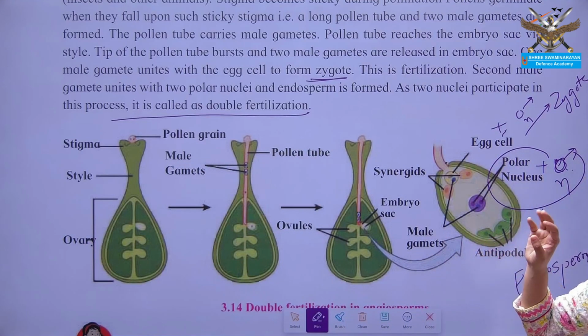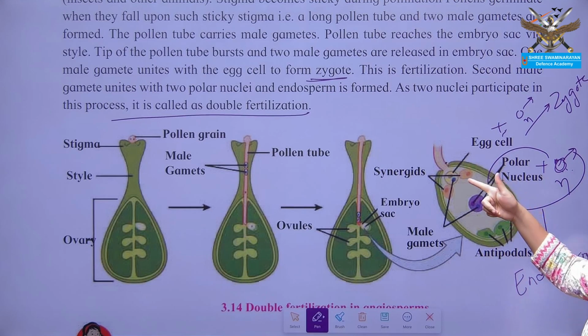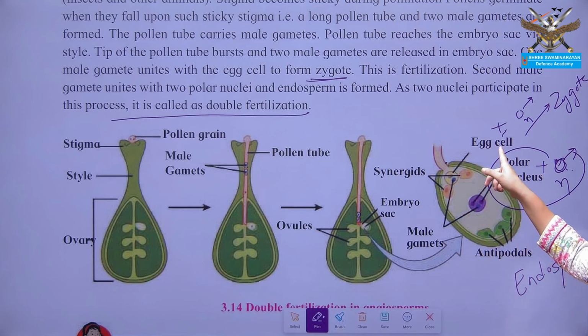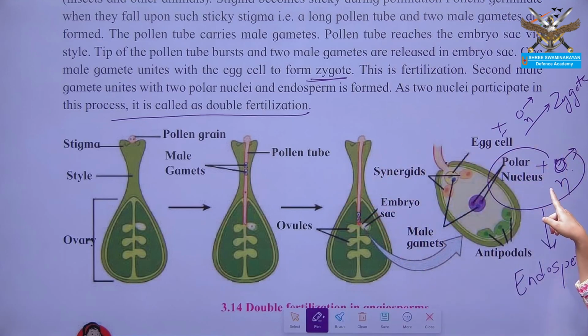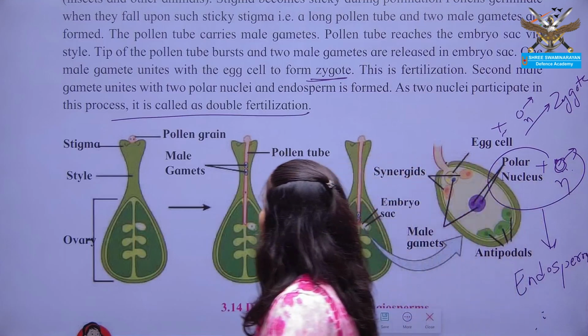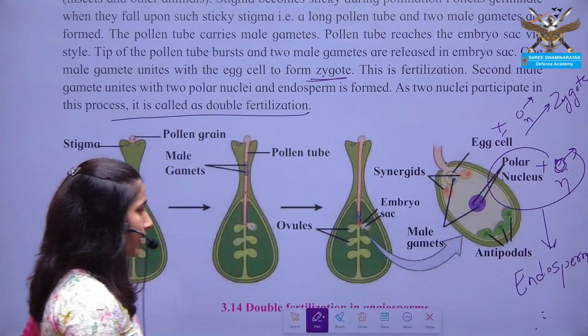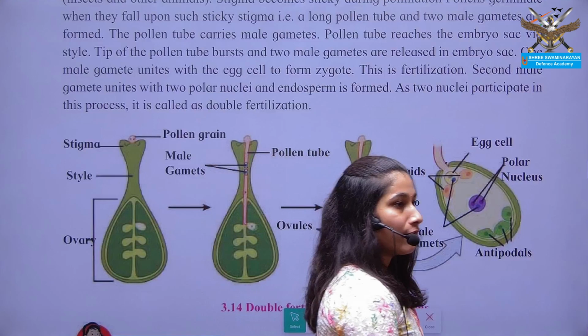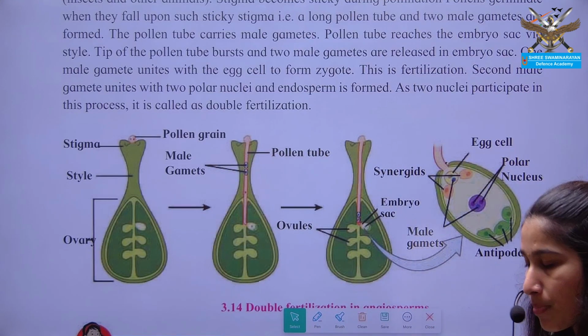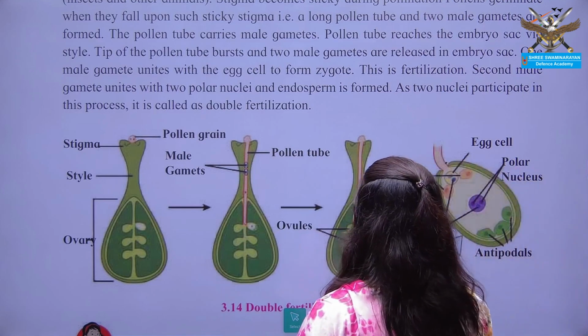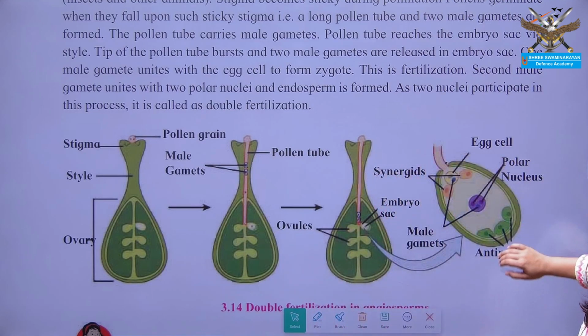In the ovary there is presence of polar nuclei, antipodal cells, then the micropylar cells, containing the egg cell and synergids, out of which one male nucleus comes and fuses with the polar nuclei and gives rise to endosperm. The one which is going to fuse with the egg cell is further going to give rise to the zygote. And what is this endosperm? Endosperm is a nutritive material which is going to support the development of this zygote. That's why such kind of fertilization in plants, which involves two male gametes, is known as double fertilization.